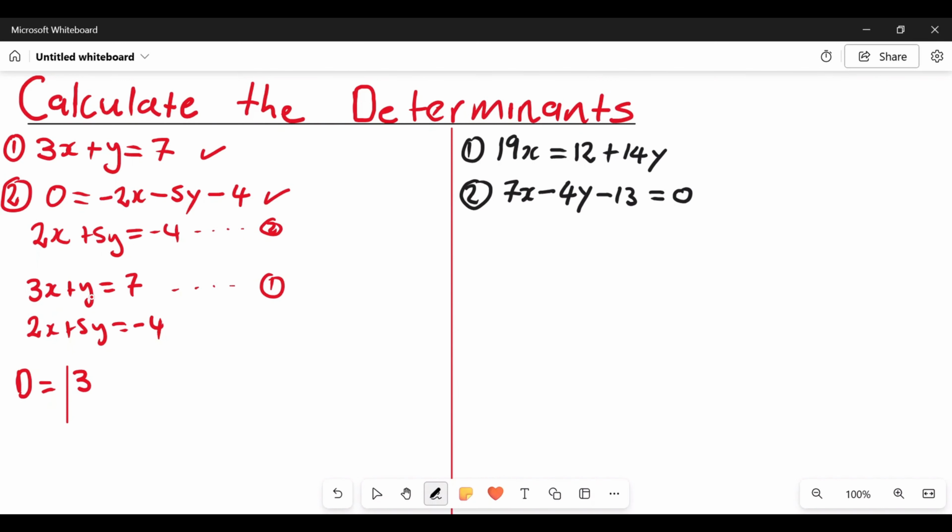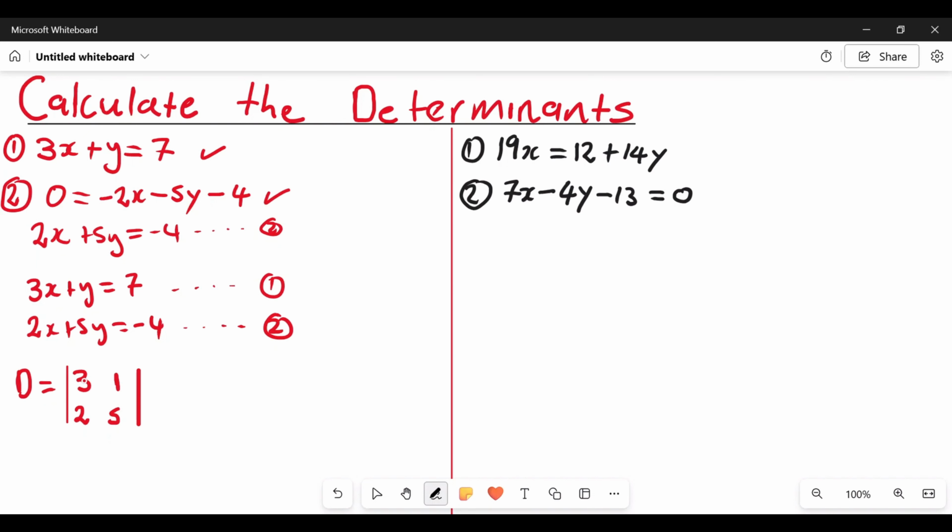And then the second entry is going to be the coefficient of y, which is 1 there. And then the third entry is going to be from equation 2, the coefficient of x, which is going to be 2. And then the fourth entry is going to be 5 from equation 2. There we go.